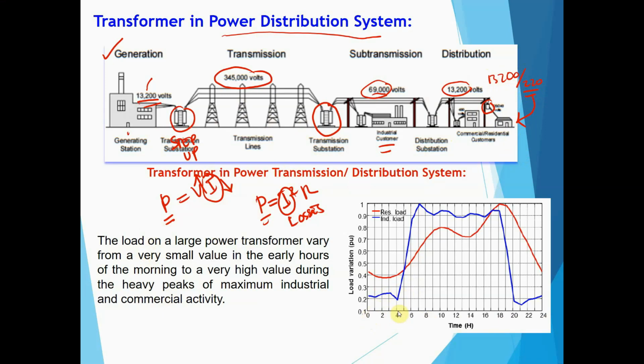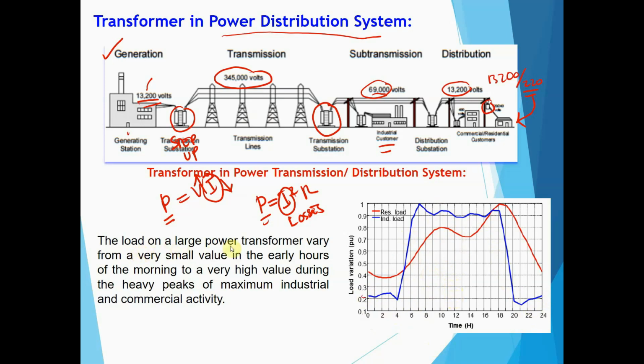And from 4, as the day starts, the load has been increasing, and at around 10 p.m. onwards, the load has been reduced almost to the same level here. This is a cycle every day, and it also depends upon the season. When it is summer or when it is a cold season, of course the usage of air conditioners is also a factor, right?